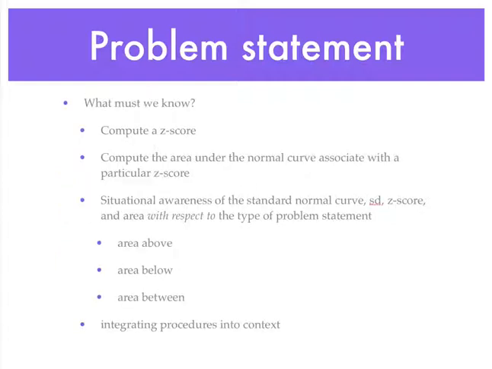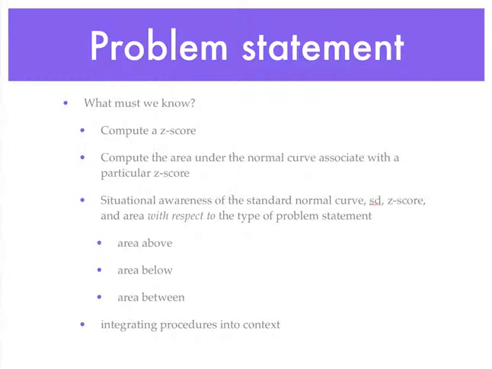So before we get started with that, what must we know? Well, we need to know how to compute a z-score, and that's what you were reading about in the assignment for this week. There were several exercises in the book, and no doubt you found some online about how to compute the area under a normal curve associated with a particular z-score.